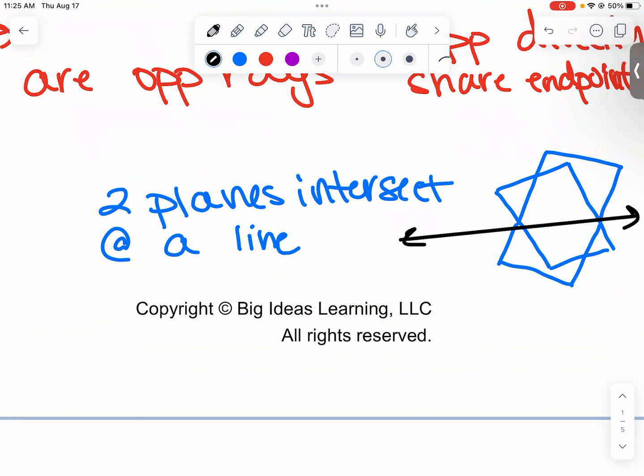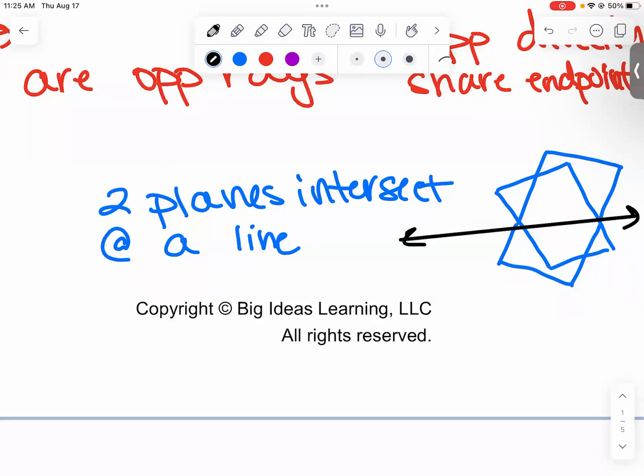Okay, I want you to think about if you took two pieces of paper and you cut them and then put them together.